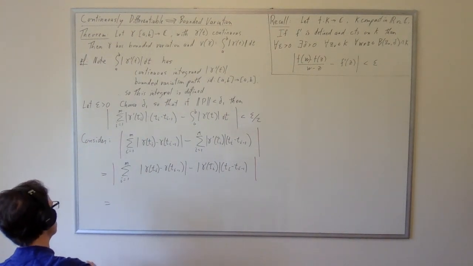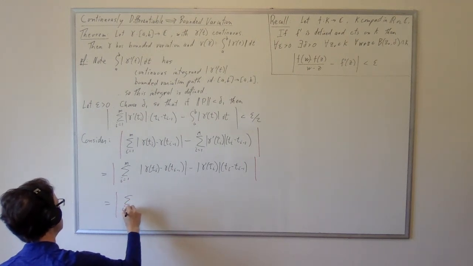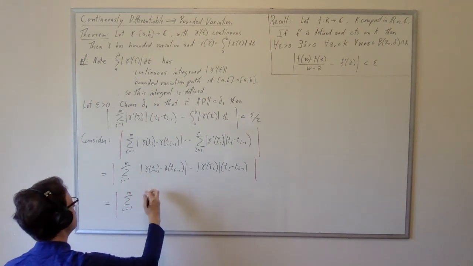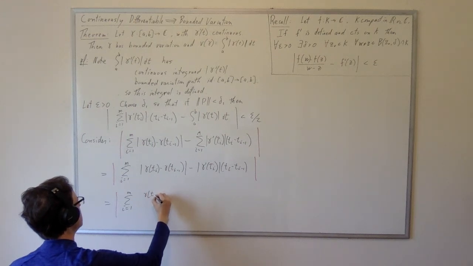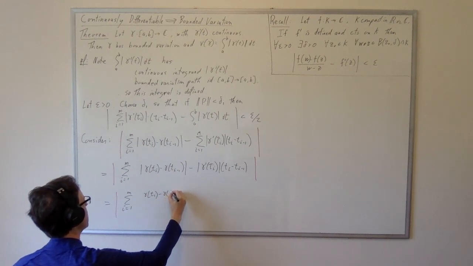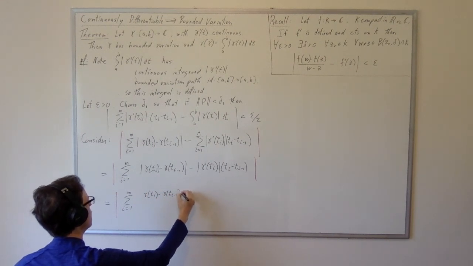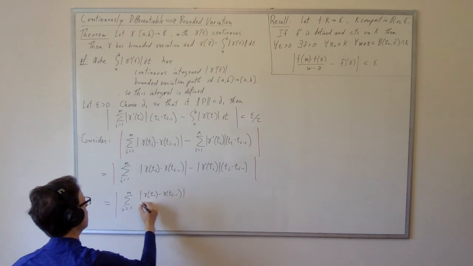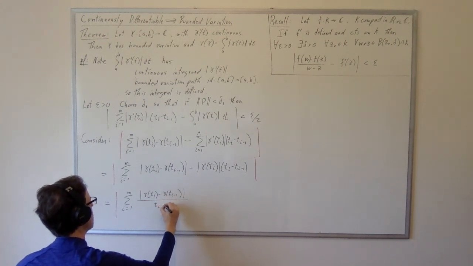So we've got these outer modulus signs, and then we've got the summation i equals 1 to m of the modulus of gamma(t_i) minus gamma(t_{i-1}) over t_{i-1}.